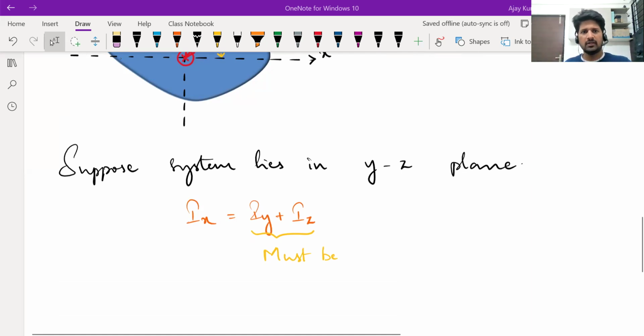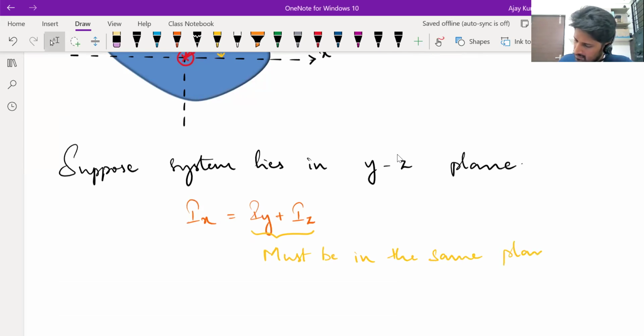On the left-hand side, you will have the other axis. And the third axis, which you are writing on the left-hand side, must be perpendicular to the system.